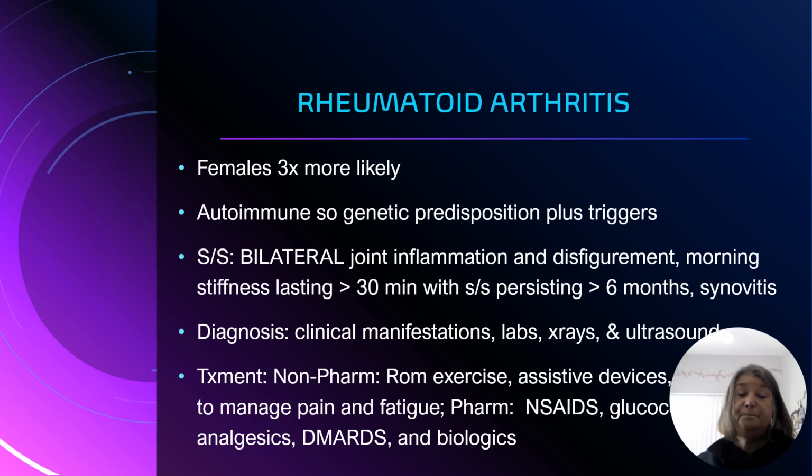Pharmacological meds. The goal of pharm treatment is to control the inflammation that leads to joint and tissue destruction, decreasing joint pain, synovitis, and stiffness, as well as maintaining joint function and preventing joint destruction. Treatment decisions are based on disease severity and response to medications. Initial treatments include analgesics, NSAIDs, and glucocorticosteroids.